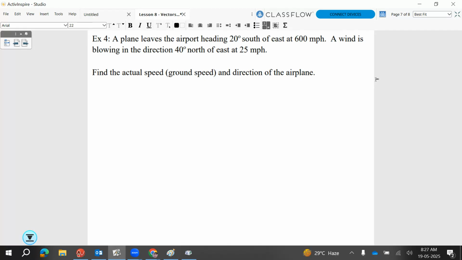We have a triangle with one side equal to 25, one side equal to 600, the angle between them being 120 degrees, and we are after this third side here. So this side here is going to be needed for us to find, so we'll call this one X.